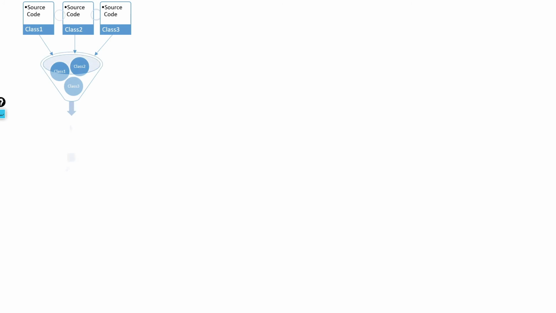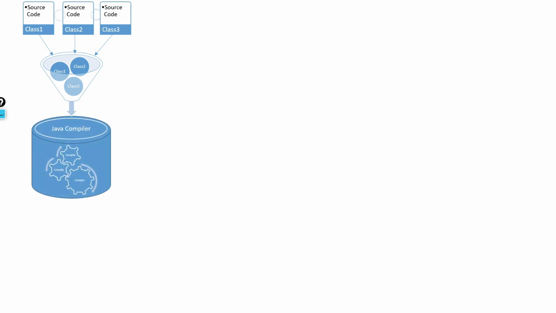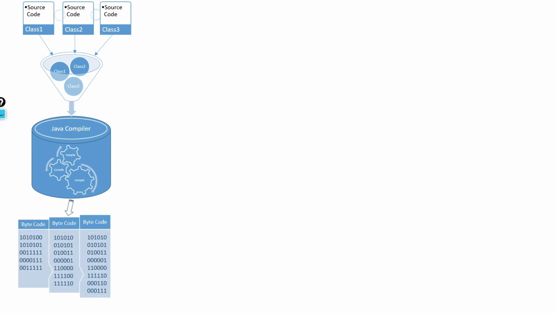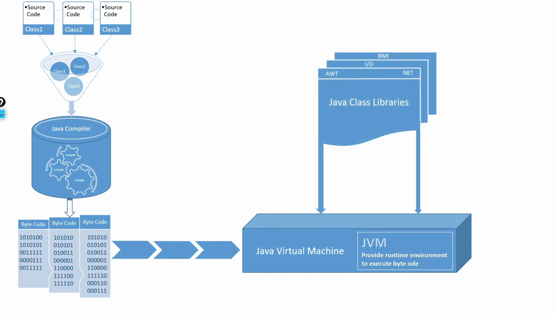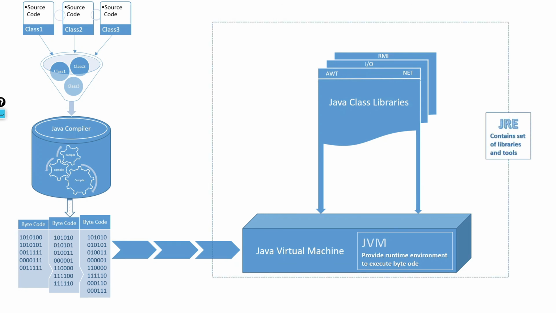So here you can see our source code files, meaning class 1, class 2, class 3 .java files, are translated by the Java compiler into bytecode .class files, and bytecode is read by JVM, and JVM runs Java code with the help of libraries. This complete system is called JRE, and this complete structure comes under JDK.